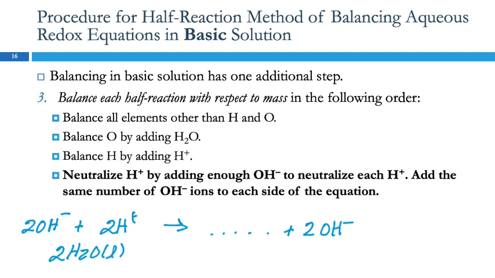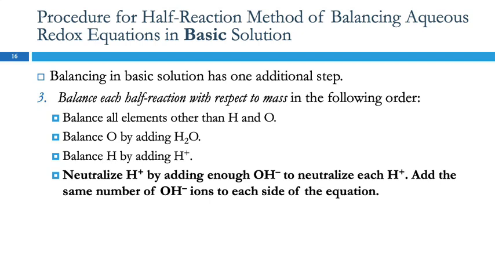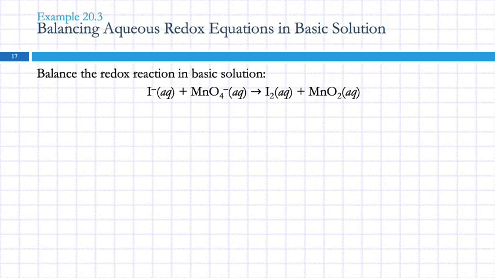Okay? Now, you can do this when you still have half reactions, or you can just go all the way to the end and fix it then. The one thing that does end up happening is sometimes you'll end up with water on both sides of the chemical equation. And so then you just need to take the extras out. So we'll do an example for this one.